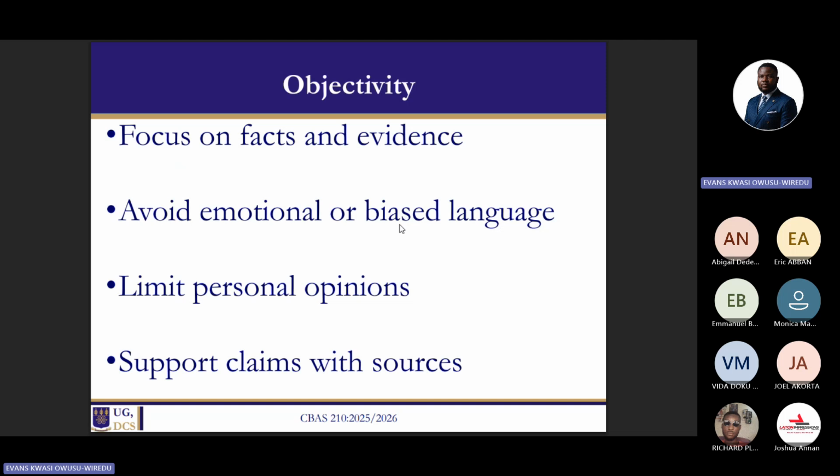The next point or feature of academic writing is objectivity. So we must focus on facts and evidence, right? There's a need for us as academic writers to make sure that what we are talking about is tested and proven.